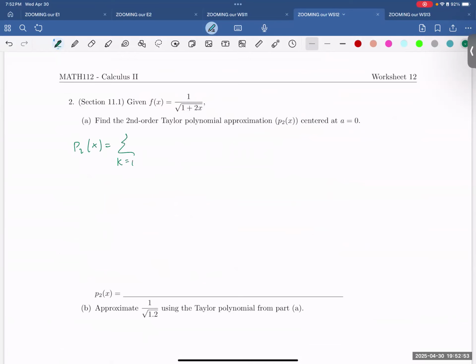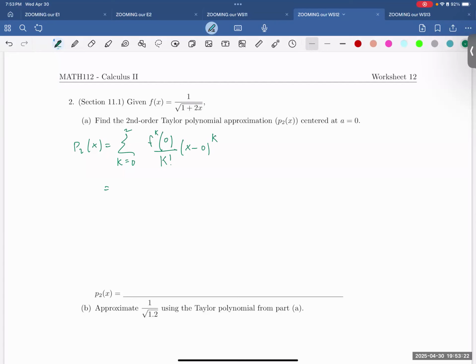That'll be the series from k equals 0 to 2 of the kth derivative evaluated at 0, all over k factorial, times x minus the center to the k. And since we have a second order Taylor polynomial, we really are going to end up with 3 terms, the 0th, first, and second term.